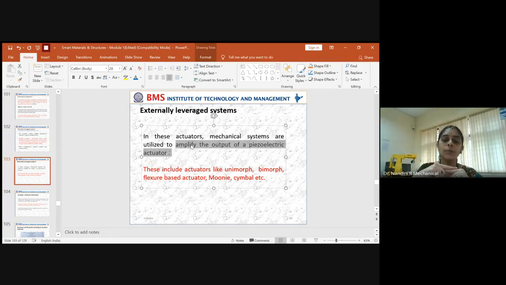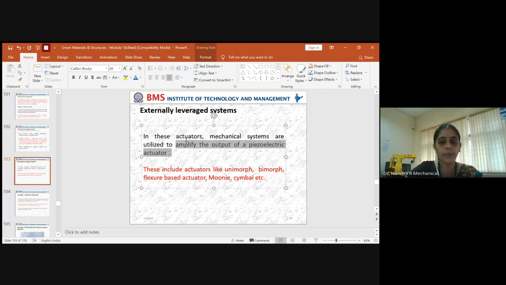If you have 2 layers, one above and one below, suppose you have a substrate or a structure, one patch of piezoelectric thin slab could be applied on top and one patch at the bottom, or both could be piled one above the other, or else you might have a patch of piezoelectric element here and a tip mass here if you want a free movement like a cantilever. This is how it could be achieved.